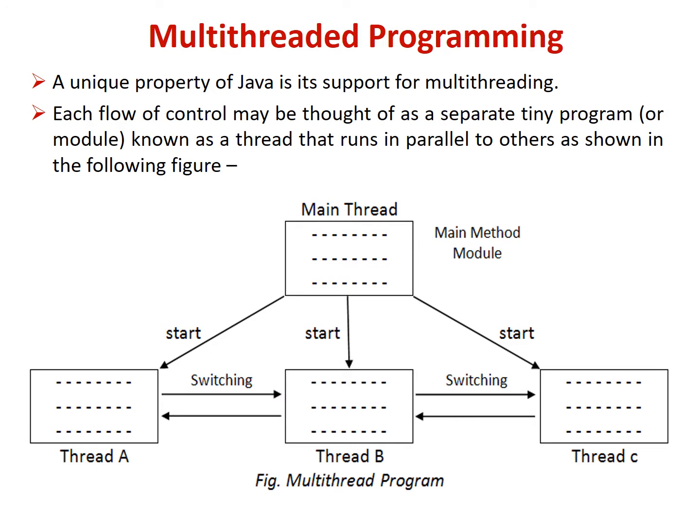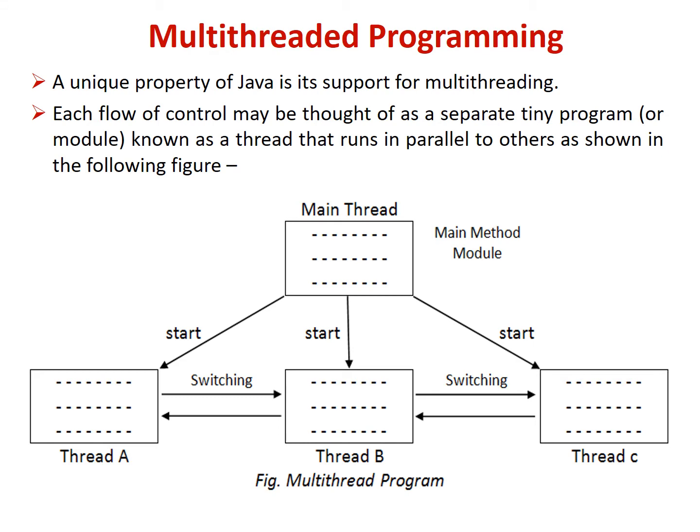A unique property of Java is its support for multithreading. Each flow of control may be thought of as a separate tiny program or module known as thread that runs in parallel to others as shown in this figure. A program that contains multiple flows of control is known as a multi-threaded program.